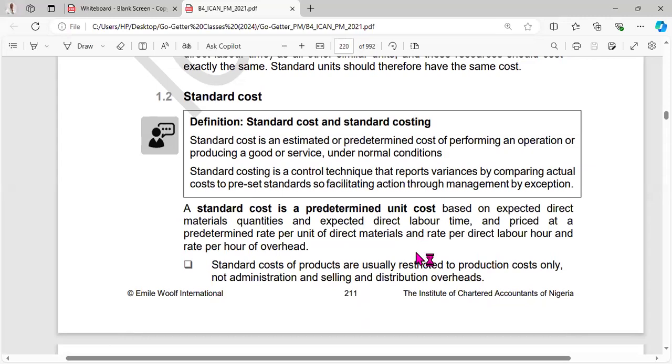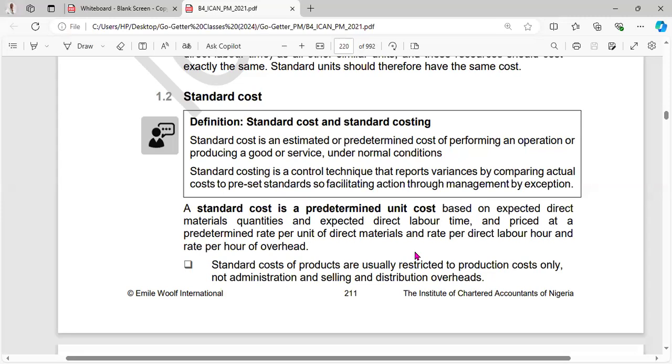Remember when we are doing absorption costing and we say overhead absorption rate? That's a kind of standard cost because that rate is predetermined. So now we are looking at standard cost as a predetermined unit cost, just one.